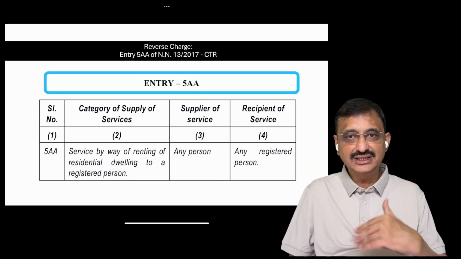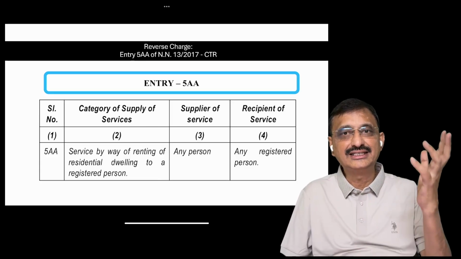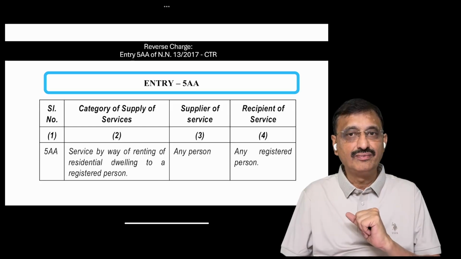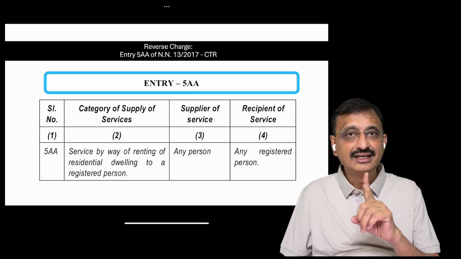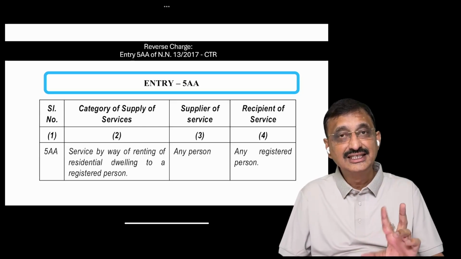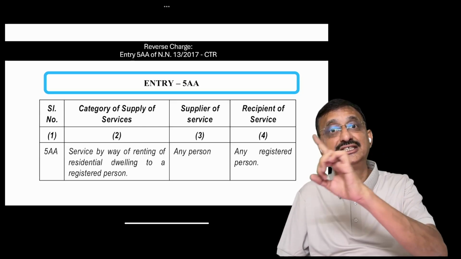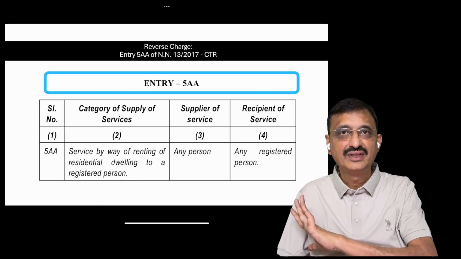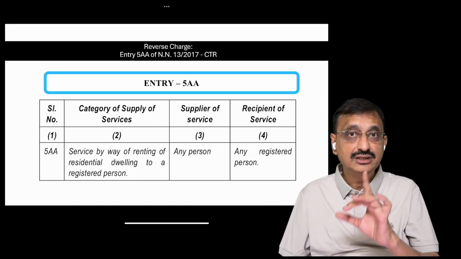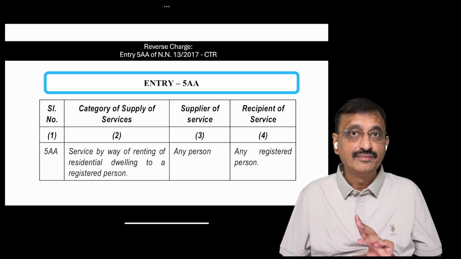Now come back to this 9972 and entry number 12. There we said that if the residential dwelling used for residence is given to a registered person other than a proprietor in his personal capacity, exemption is not available.